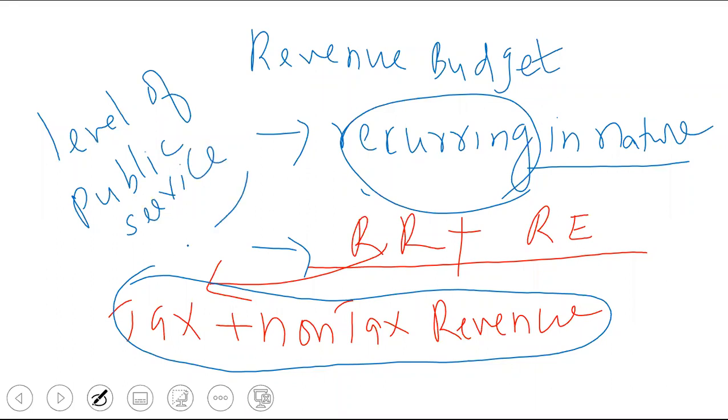Existing level of public services, you can see here, I have circled it. Revenue expenditure is the expenditure for maintaining the existing level of public services.